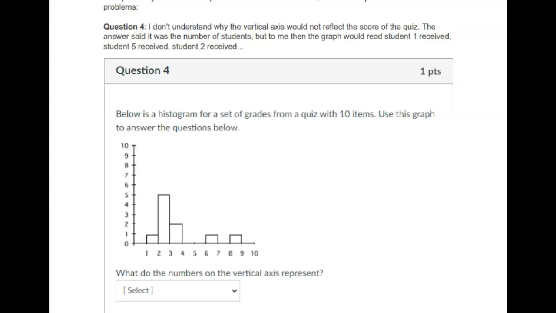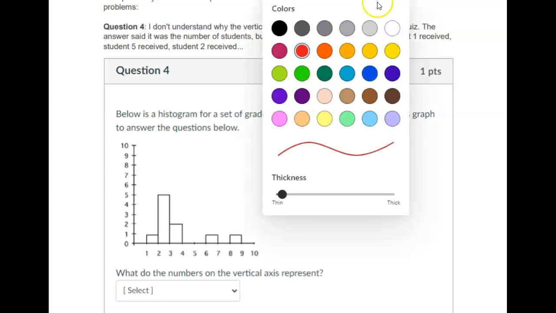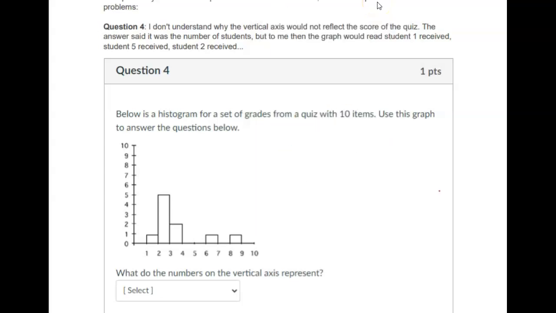So basically, if you're looking at this graph, you should notice that it's a histogram, right? Or you can take it as a bar graph too, but it's a histogram because it has bars and the bars are touching. For a histogram, the height of each bar represents a frequency.